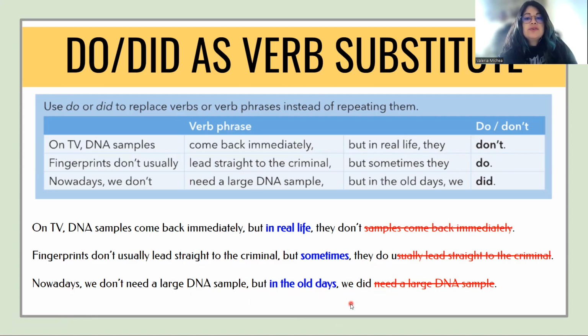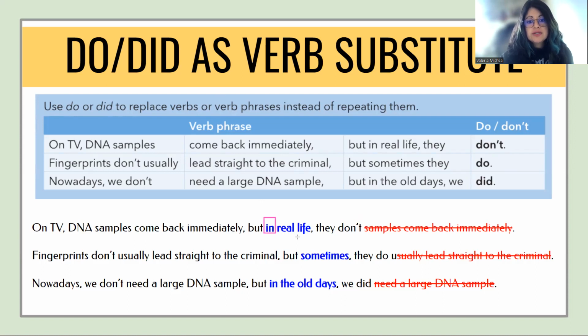So remember, for this, you have 4 options. Do as an affirmative verb, don't as a negative auxiliary verb, did as an affirmative, and didn't as a negative, but in the past. All right, so first thing you need to realize is how to use the auxiliary verb in the present or in the past. How can you realize that?